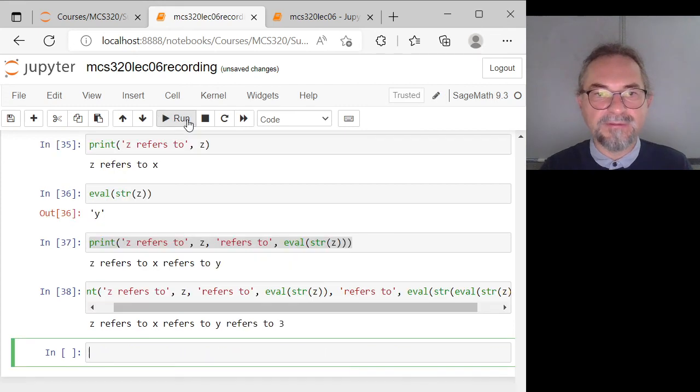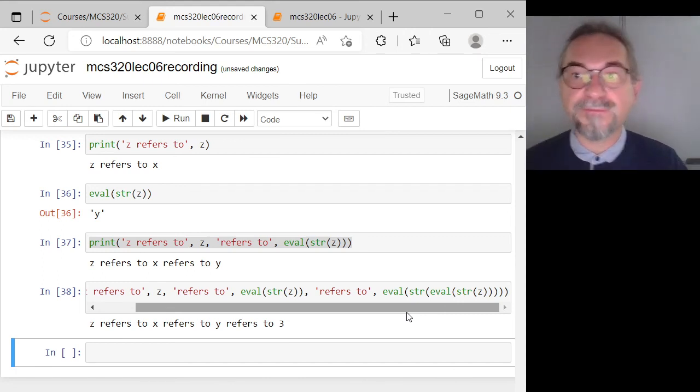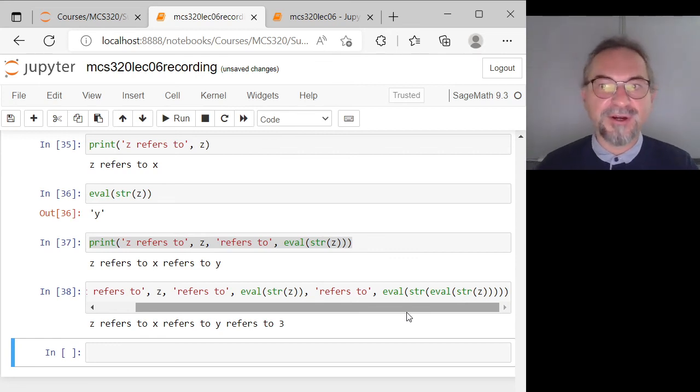And now let's see if I didn't make any typos. No, I didn't. So the last part is a little bit technical. So I apply the evaluation twice, and also the string representation twice. So we can continue even if there's more, you can think of a recursive way to peel off all the references.